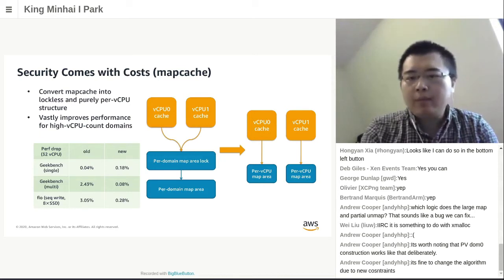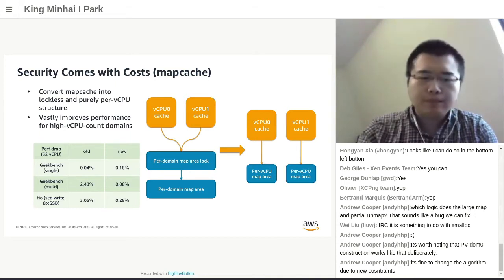Especially map and unmap can completely function on their own, so there is no lock contention. As you can see, with the new per vCPU structure, the performance on multi-threaded benchmarks is improved quite a lot, and almost matches the performance when you have a direct map.